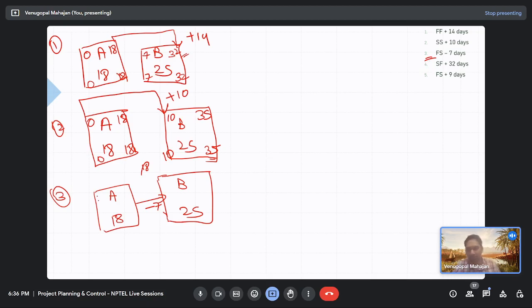So this would be 0, 18, 18 minus 7, 11, and then 36. Backward would have been 36, 11, 11 minus 7, 18, and 0.